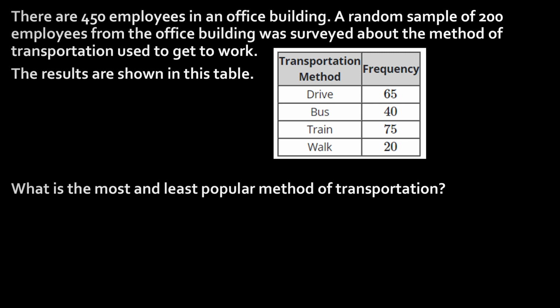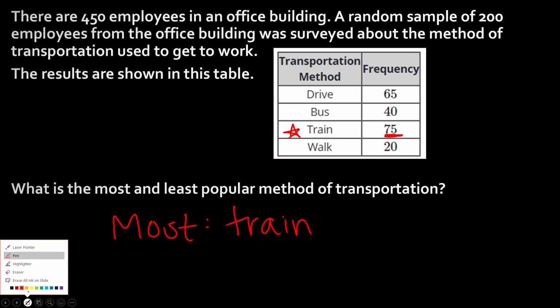Based on this table, the most popular is whichever method has the biggest number, because more people are using that method. 75 is the biggest number, so riding a train to work is the most popular.